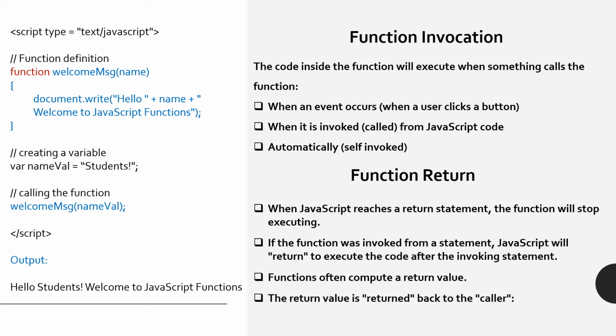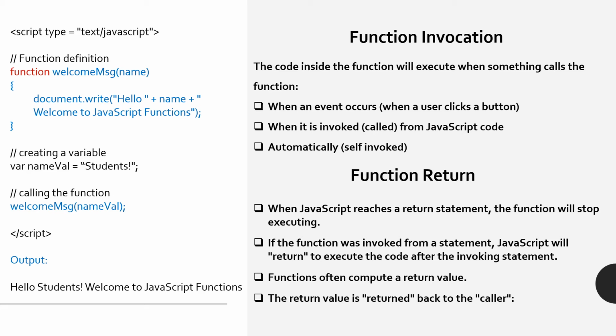See, from here the function is called with a name. The argument we are passing is the parameter we are considering here, and hello plus name will be concatenated and the resulting string will be displayed.